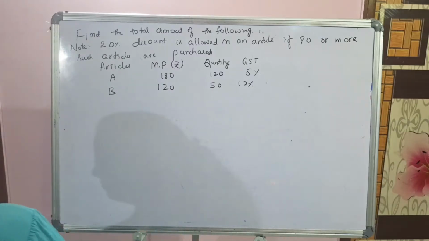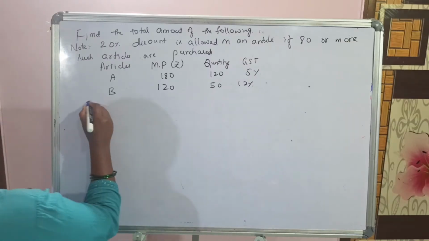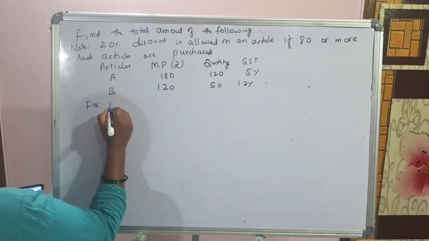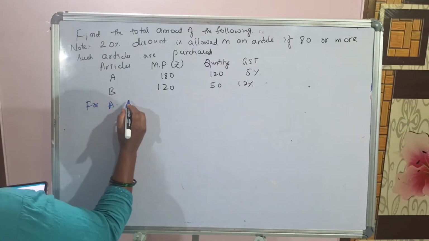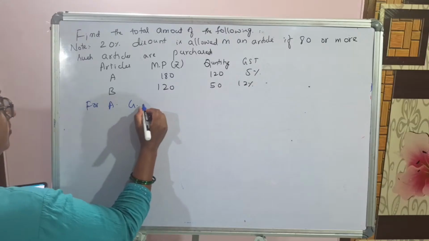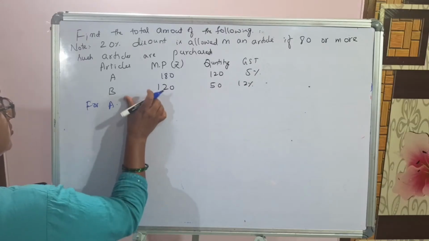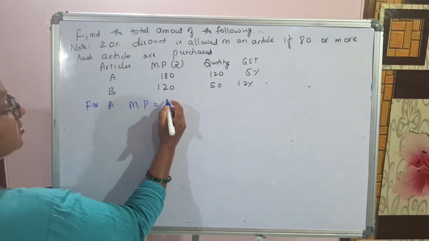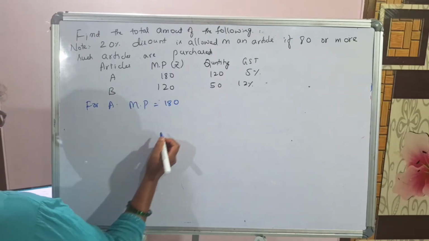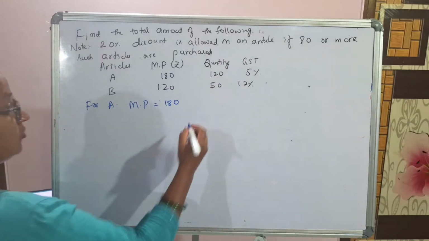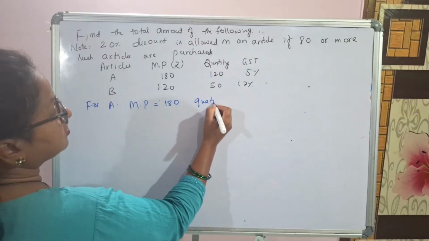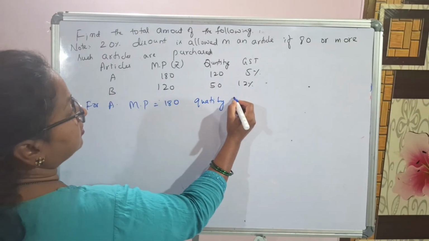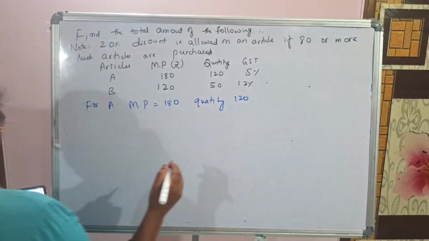That means for article A, market price is 180, quantity is 120.